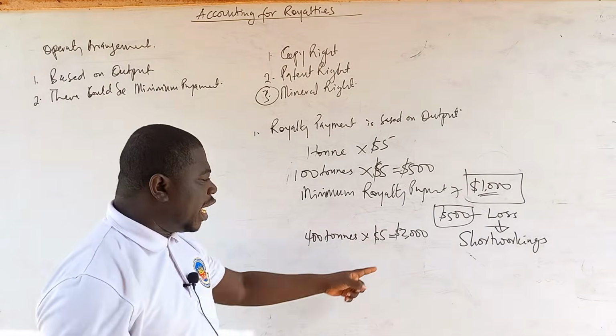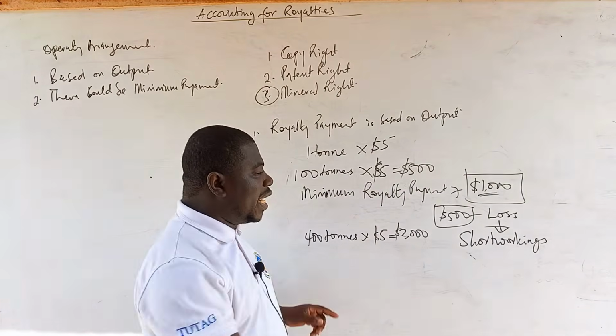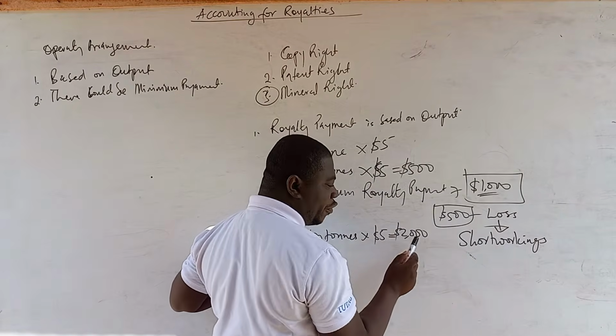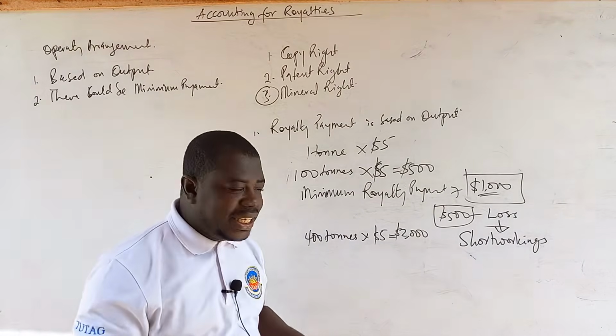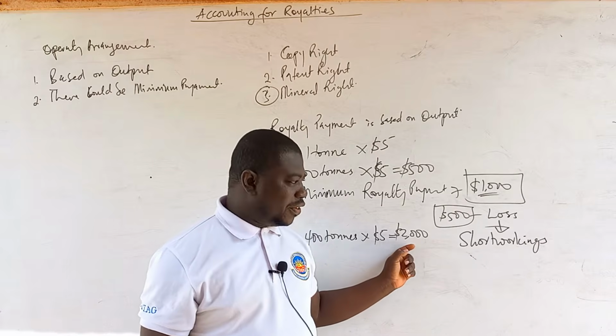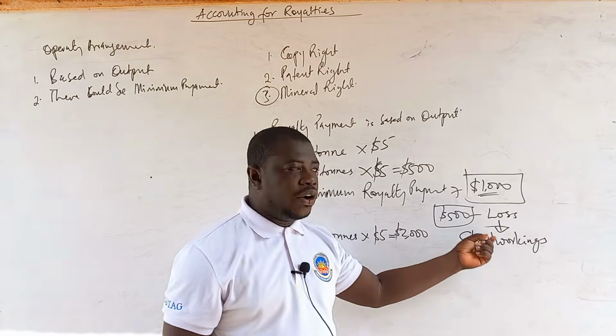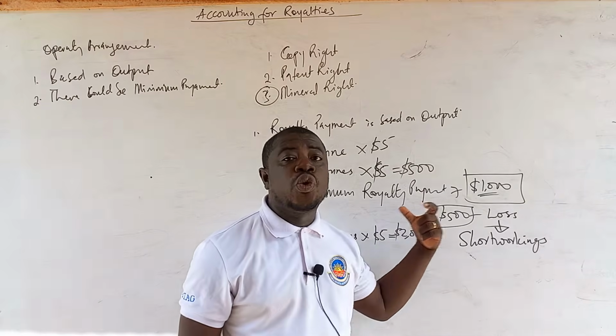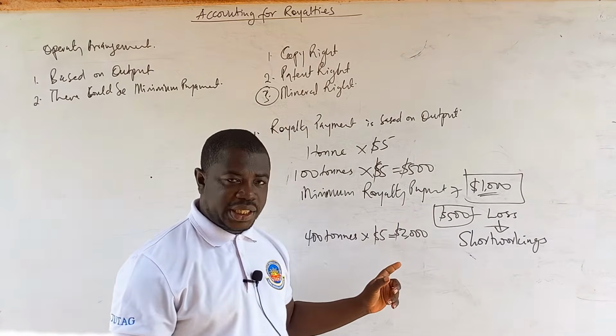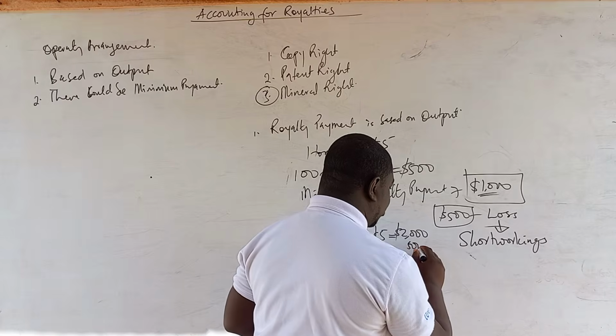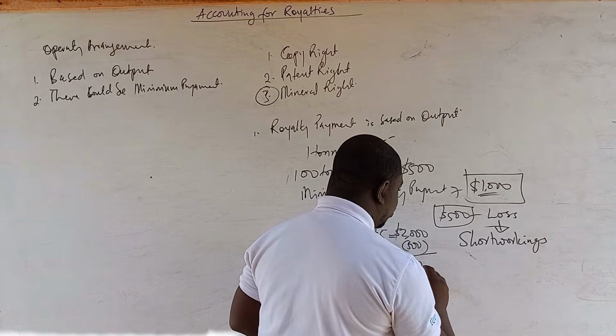So in the following year that you have gotten 2,000, the landlord can agree for you to subtract the loss of 500 from the 2,000, so that this year you can now pay only 1,500. In other words, you have recovered, or recouped, your short workings, and so you are allowed to subtract the short workings, and then you pay the difference of 1,500.